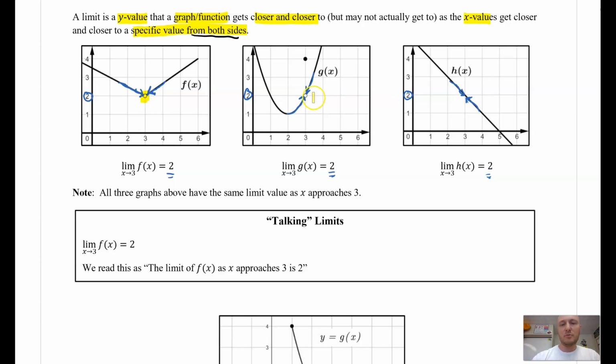Same with example number 2. Again, I have a hole here, a discontinuity. It's smooth at that point. That's fine. And in this case, the actual function value at 3 is 4. It's okay. The limit at 3 is still 2. It's about the whole function, not specifically the value at that point.